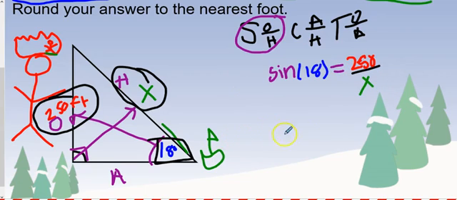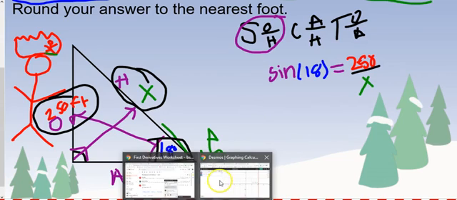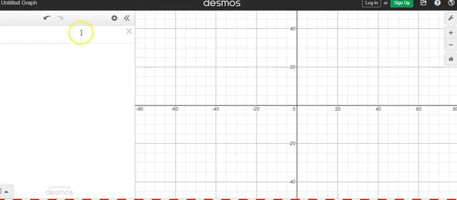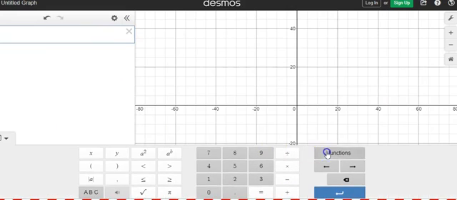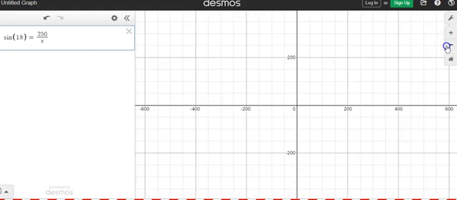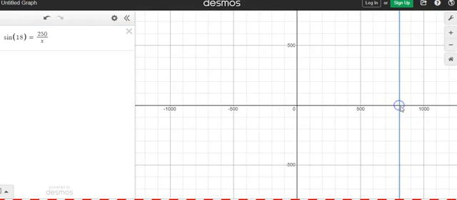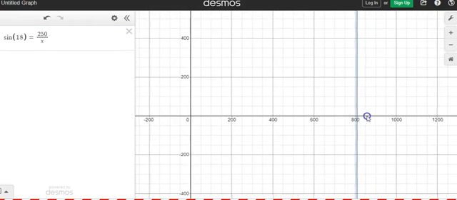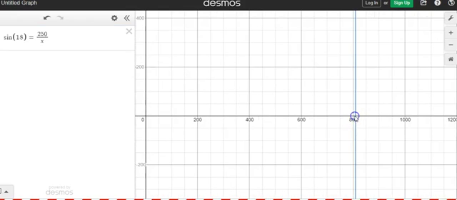And again, I'm just going to go to Desmos and I'm going to type that in. So function sine of 18 equals 250 divided by X. I'm going to have to zoom out because I don't see that on my graph yet. Oh, there it is. I can't click it. So I'm going to have to zoom in.